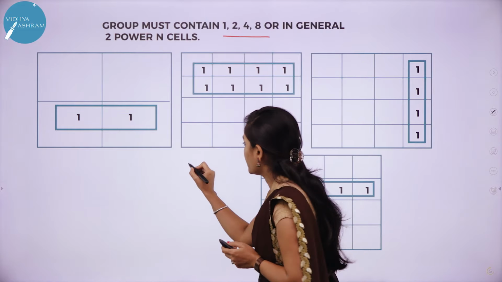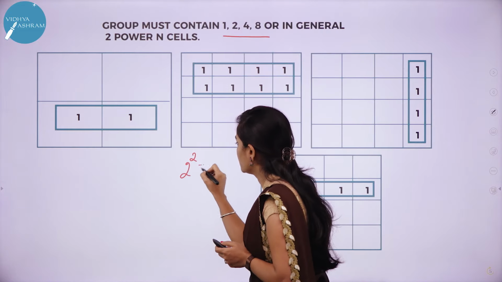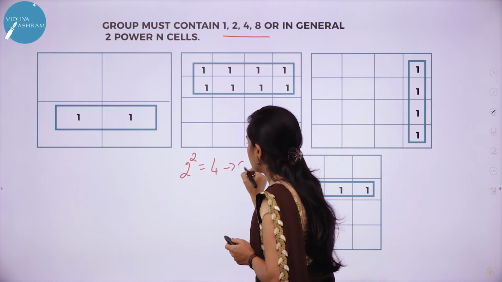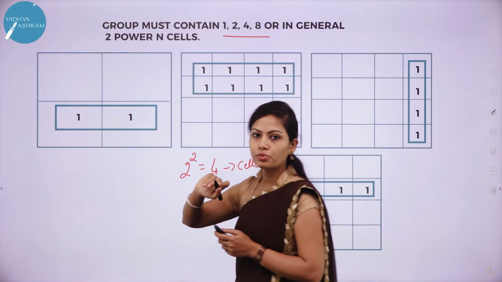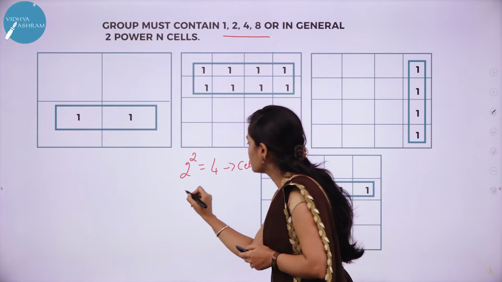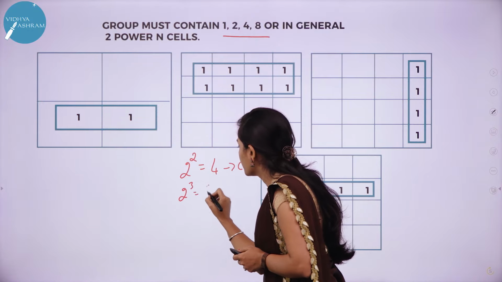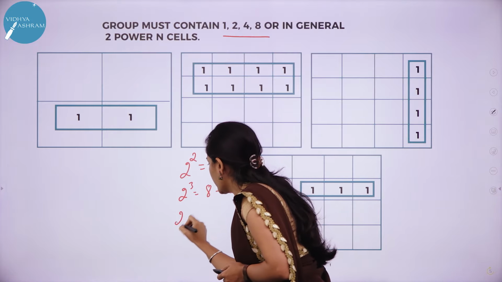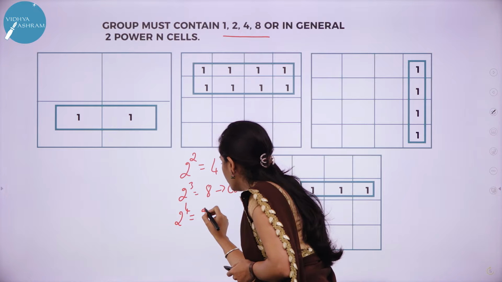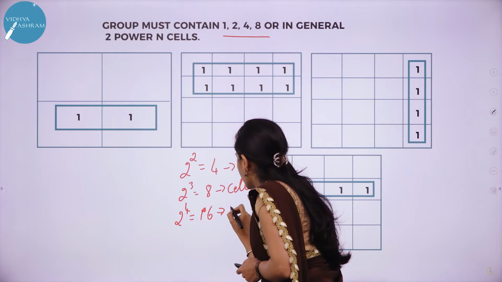If you are using 2 power 2, you get 4 cells. If you are using 2 power 3, you will get 8 cells. And if you are using 2 power 4, you will get 16 cells.